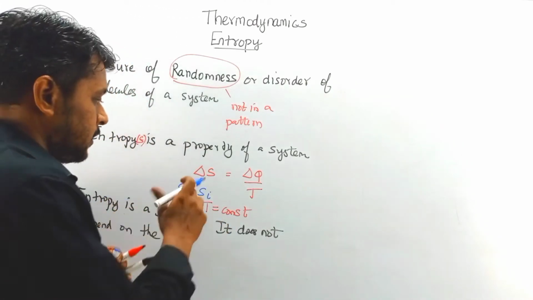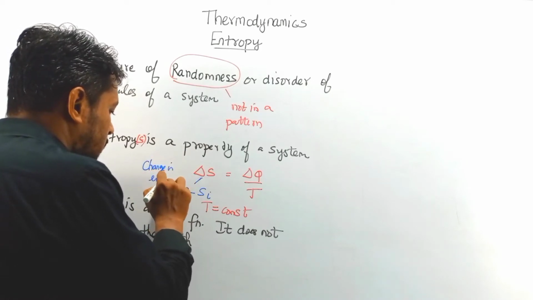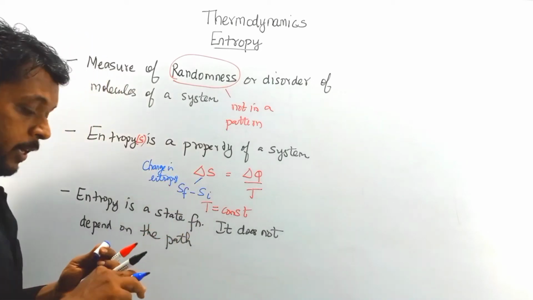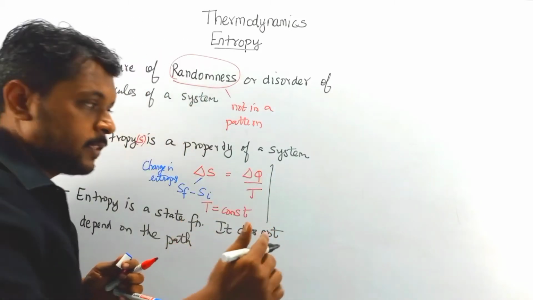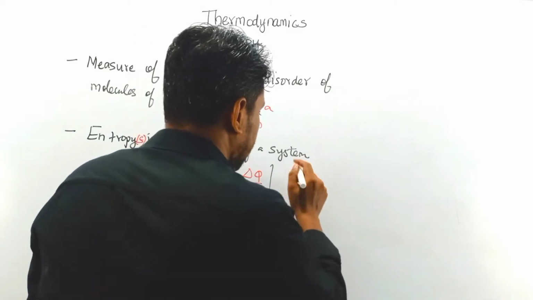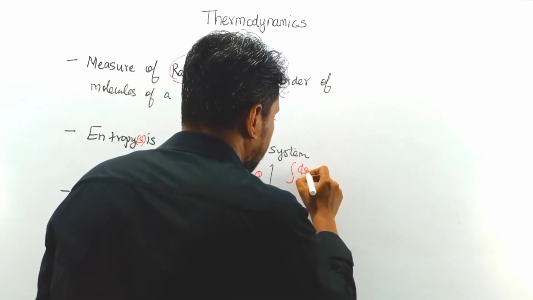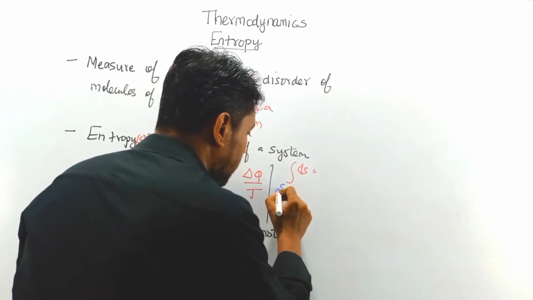That is for constant temperature. So what happens when there is a variation of temperature? In that case, we can write it as the integration of dS, between the limits.